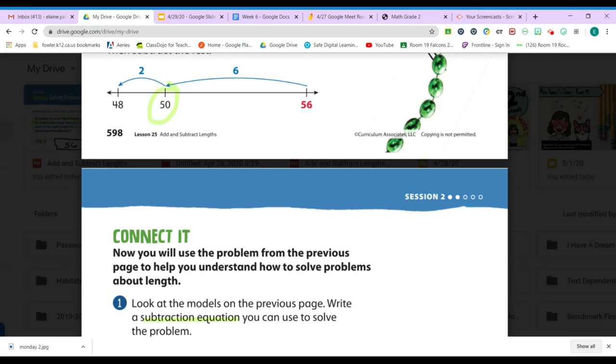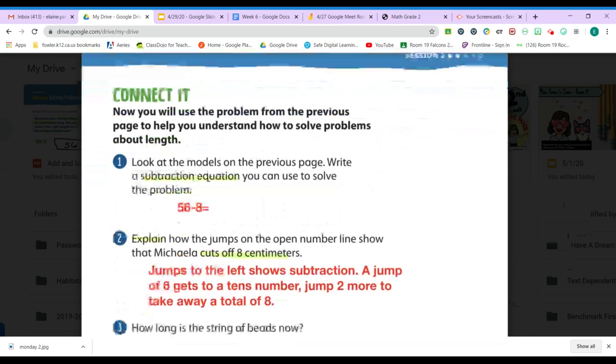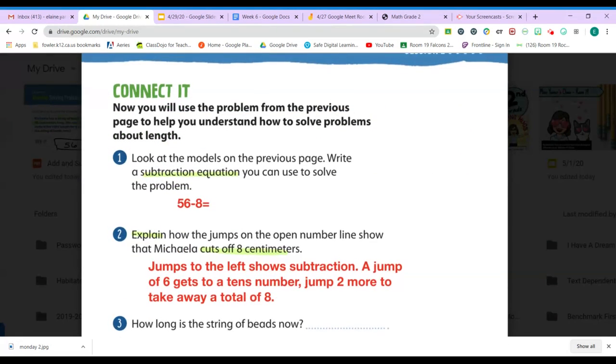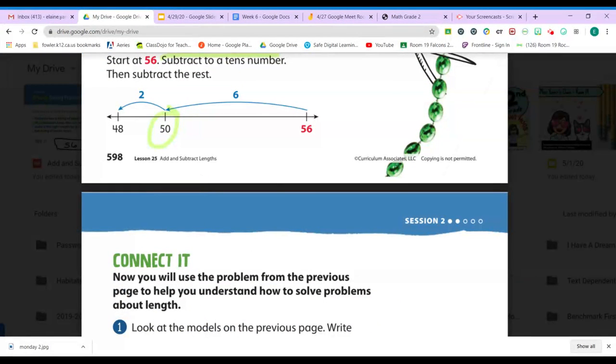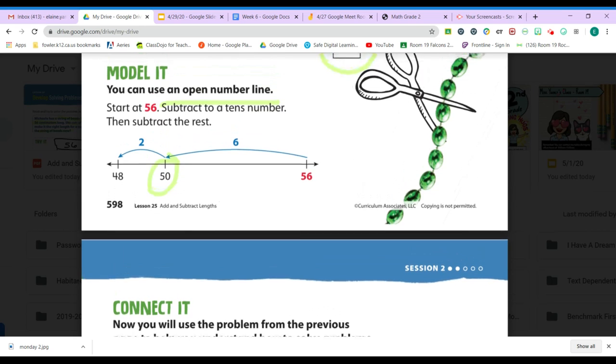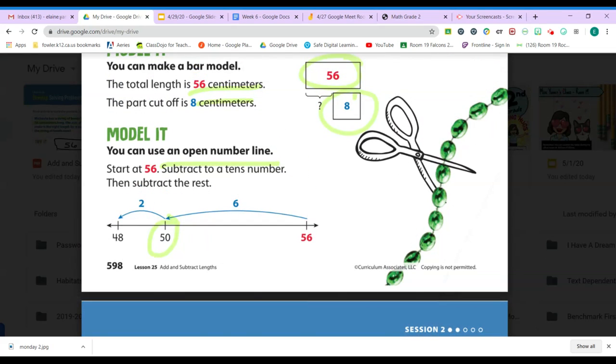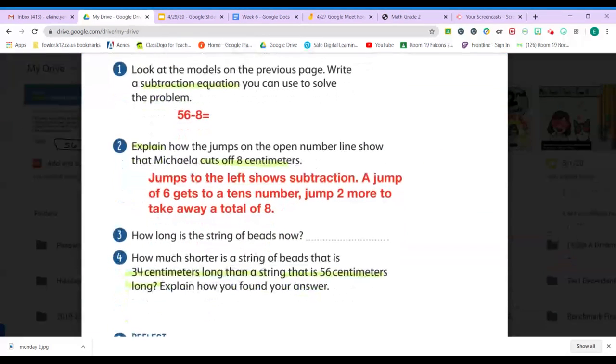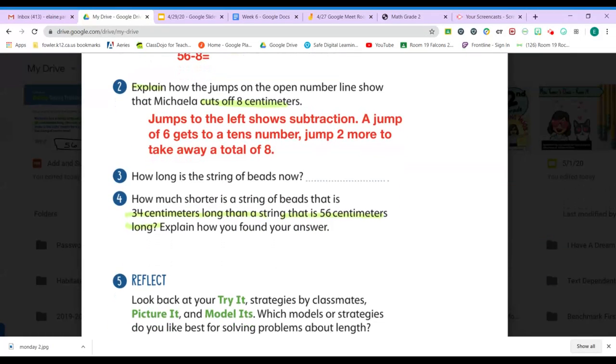So that's why she jumped 6, she got to 50. And then jump 2 more to take away a total of 8. So she took 2 more away and she got 48 because 6 plus 2 is 8. And she cut off 8 centimeters. All right, how long is the string of beads now? And you're going to write your solution right here.